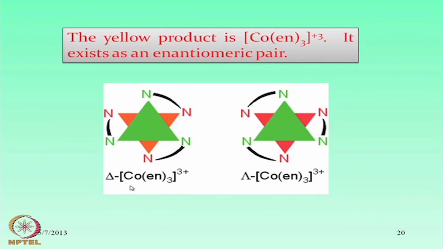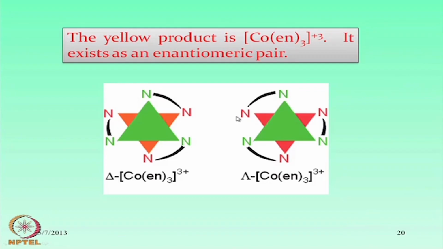So one is the arrangement which leads to the delta [Co(en)3]3+, where we have the clockwise arrangement from top to bottom, and the other one from top to bottom, that means the green triangle to red triangle from top to bottom in counterclockwise direction, and this counterclockwise direction will give rise to the corresponding label as lambda. So these delta and lambda isomers are there for us in this particular case.